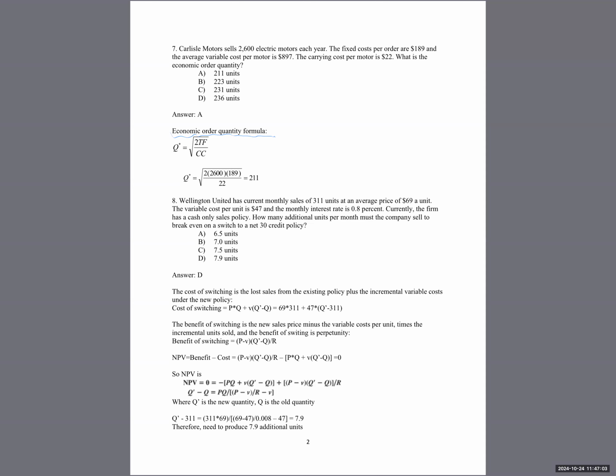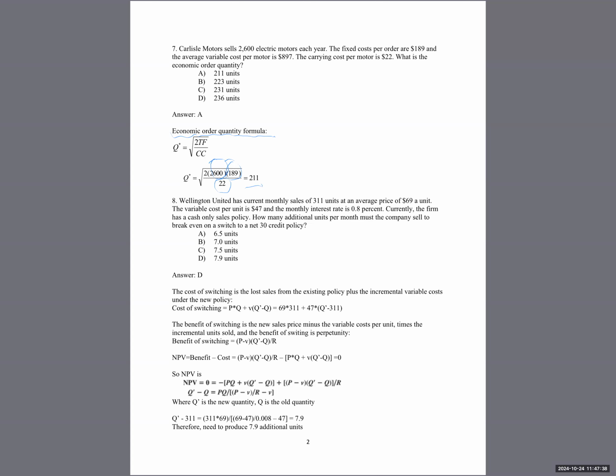T is the number of units sold each year, 2,600, and F, the fixed cost per order, is 189, divided by the carrying cost per model of $22. So to do the calculation, you can find the economic order quantity is 211 units.